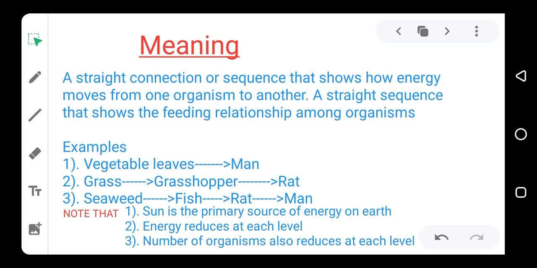Organisms that cannot eat directly from plants are lower in number, like lions that depend only on animals. They cannot eat from plants. So you find out that lions are very, very few in number compared to other organisms that can eat from plants directly. So the food chain determines the number of organisms that will be available in an ecosystem.